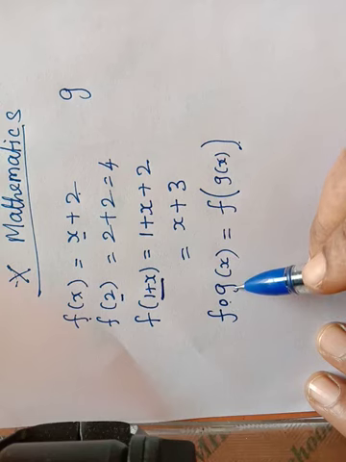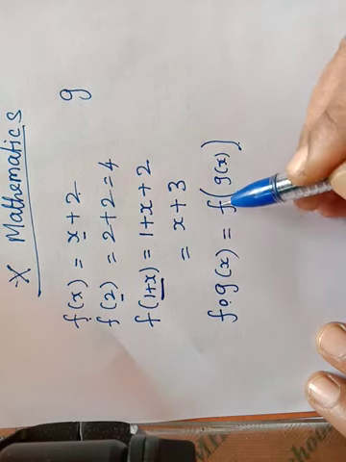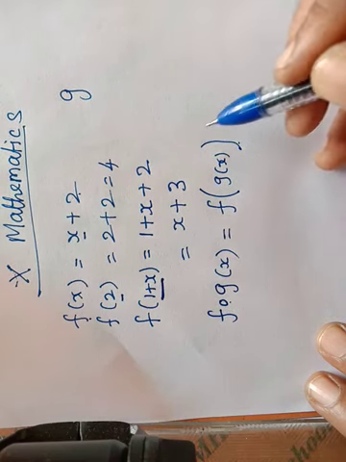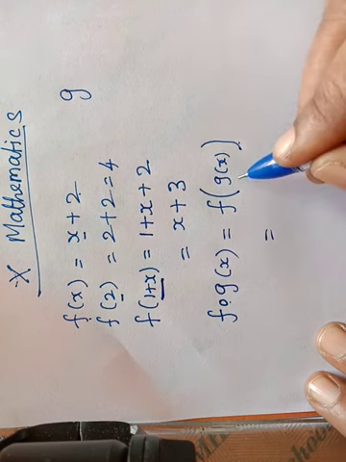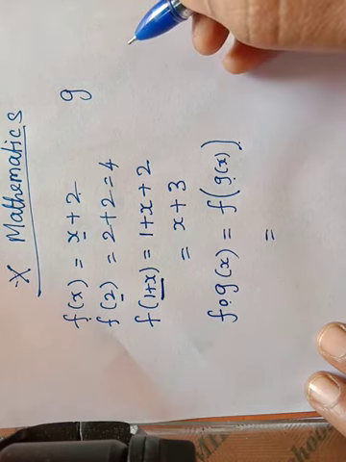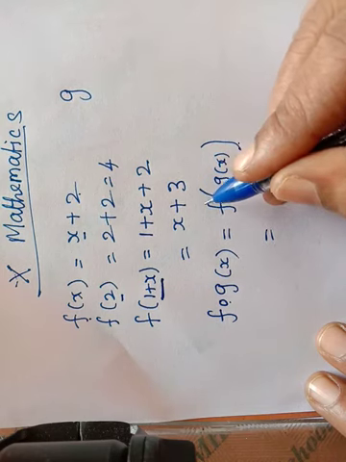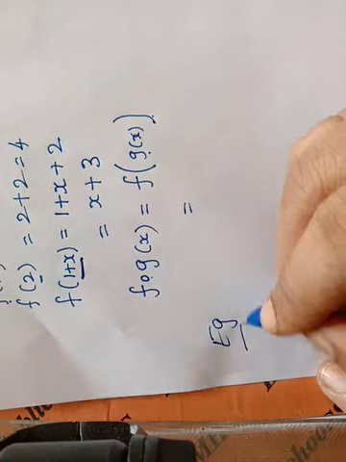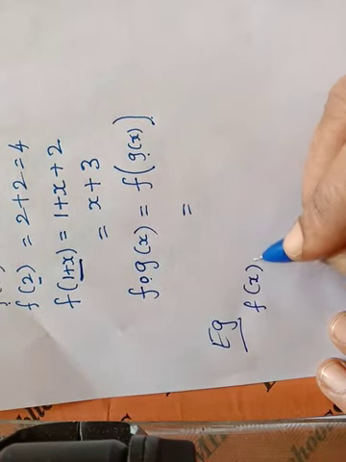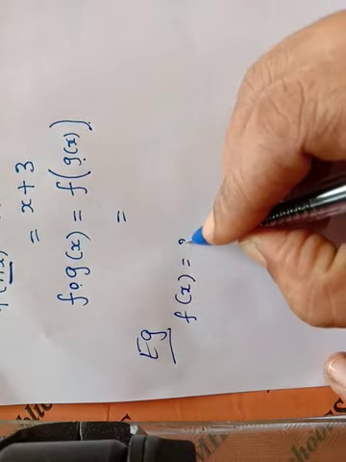F composite g of x equal to f of, with the bracket, g of x, like you want to write it. The g of x function is separately given to you, and you want to substitute that in the f. For example, f of x equal to 2x.